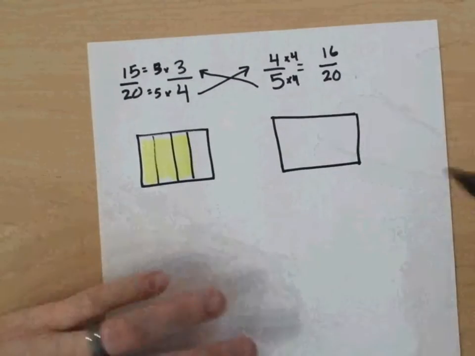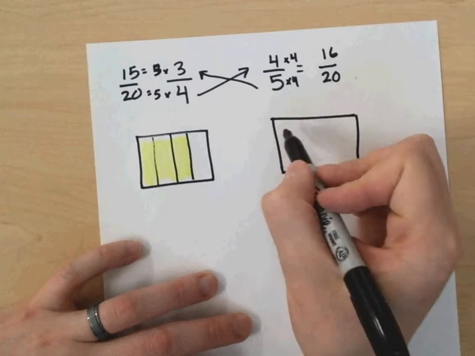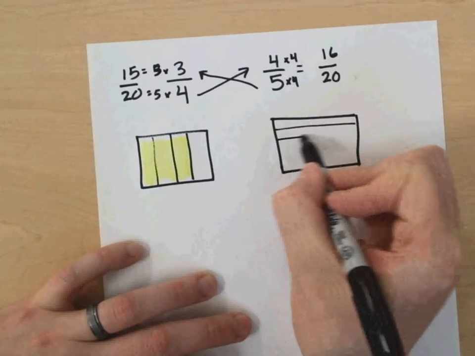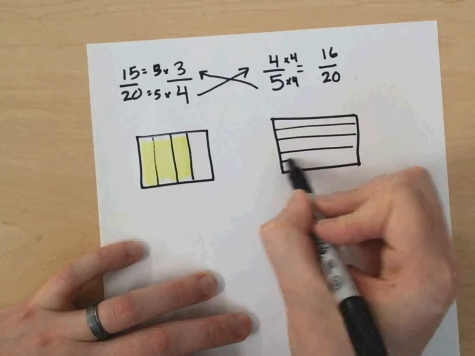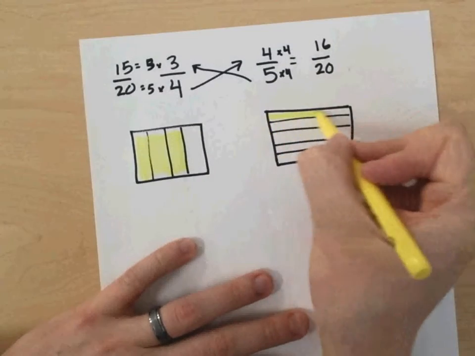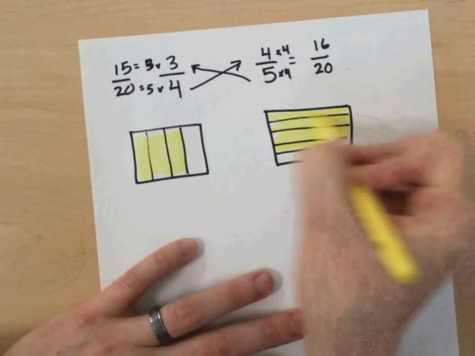In our second model, we're shading in 4/5, but we're going to do this one horizontally. In order to show fifths, we need 4 cuts. 1, 2, 3, 4 cuts horizontally, and we shade in 4 of these pieces.